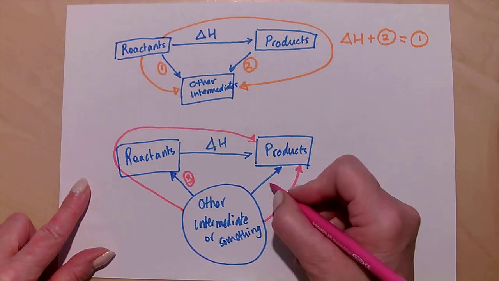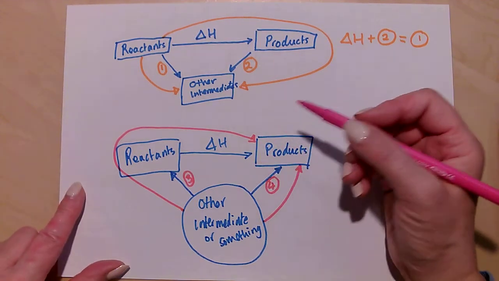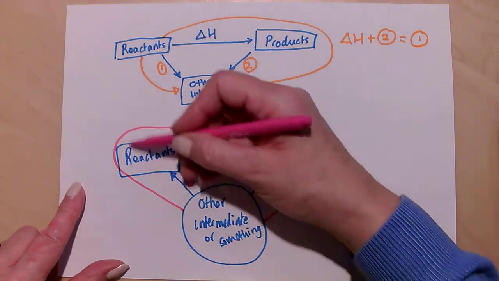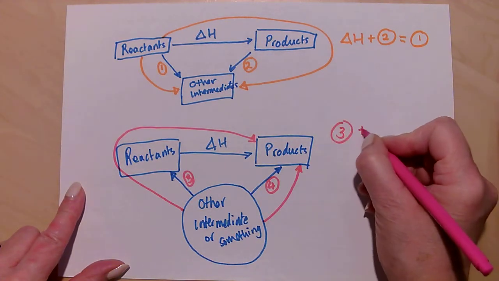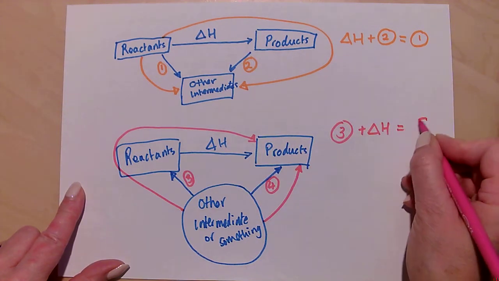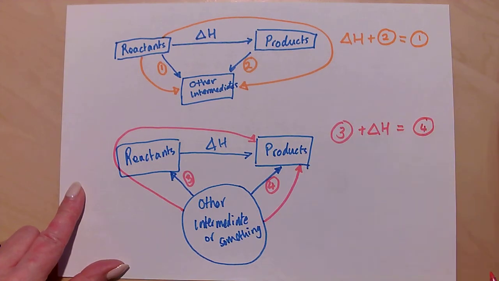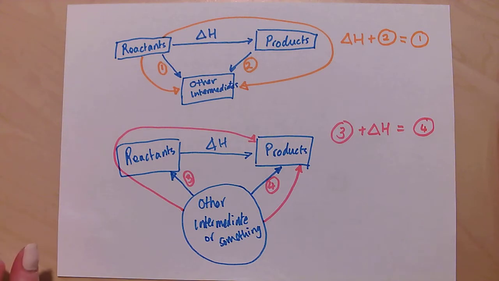The enthalpy from here is going to be 4. The enthalpy around this is going to be conserved. So if we follow the arrows, then we can say 3 plus the enthalpy change that we're looking at is equal to the enthalpy change given there. Okay, so we're conserving enthalpy, we're conserving energy. I'll show you how to do that using examples in another video.